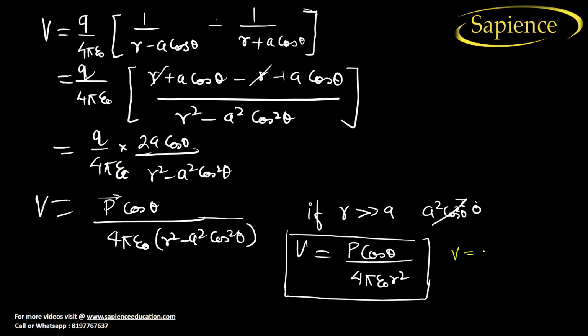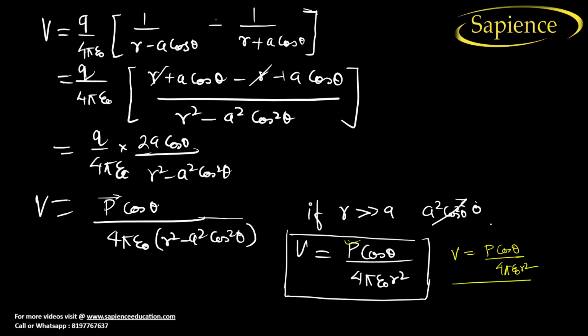So how to find a potential? The potential due to a dipole is equal to the dipole moment P cos theta by 4 pi epsilon naught R square. But you may be wondering why I have not put a direction or a vector symbol here.